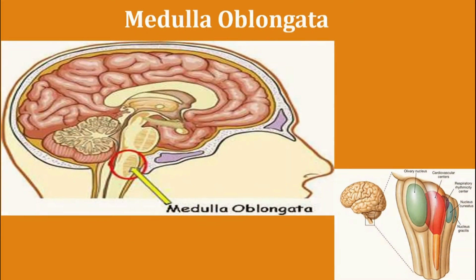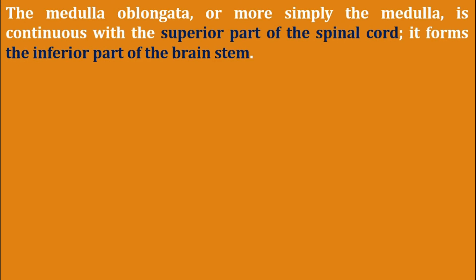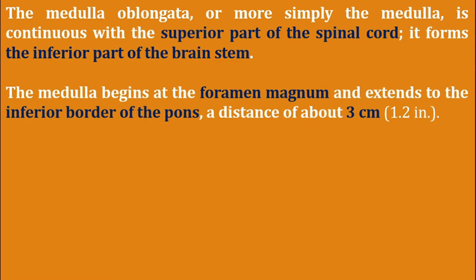Now, let's talk about the very first part of the brain stem, the medulla. The medulla oblongata, or more simply the medulla, is continuous with the superior part of the spinal cord, and forms the inferior part of the brain stem. The medulla begins at the foramen magnum, and extends to the inferior border of the pons, a distance of about 3 centimeters.